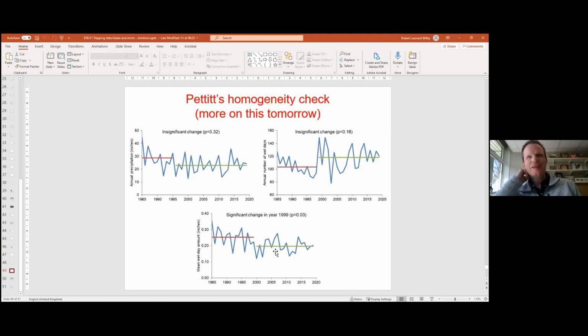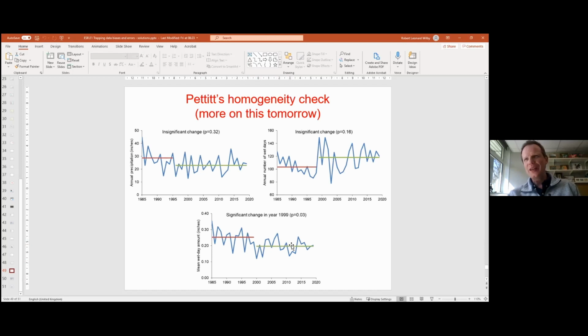Now, tomorrow we'll be thinking about whether this difference is an indication of some change in the climate of Belgrade, or some indication of a change in the measurement practices or quality of the data at this site. At the moment, we don't know. So if you'd like to learn more about this test, come to the advanced session tomorrow, where I'll be describing Petit's test.